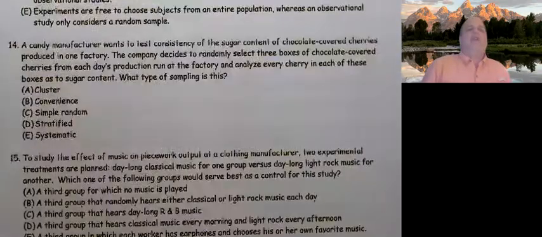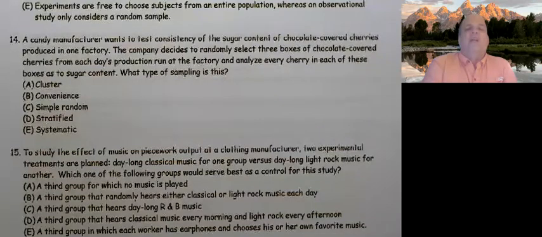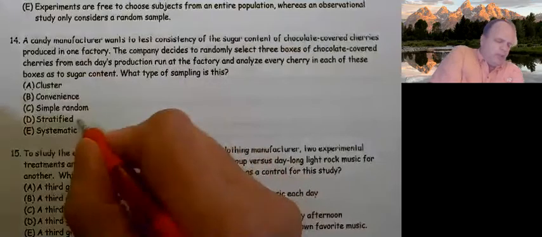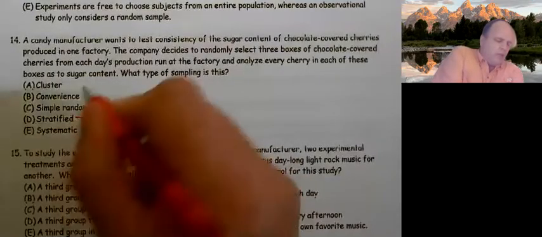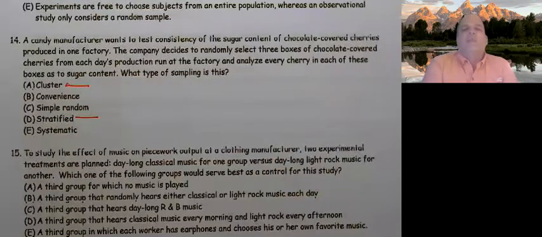A candy manufacturer wants to test a consistency of the sugar content of chocolate-covered cherries produced in one factory. The company decides to randomly select 3 boxes of chocolate-covered cherries from each day's production run at the factory and analyze every cherry in each of these boxes. So we're selecting groups. So anytime we're selecting groups, it could either be stratified or a cluster.